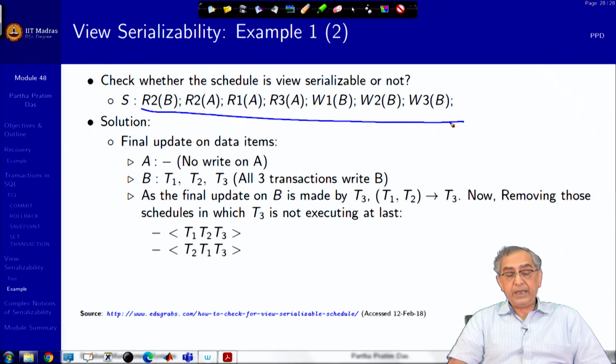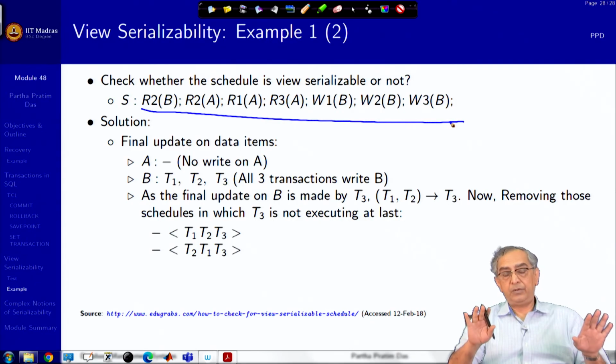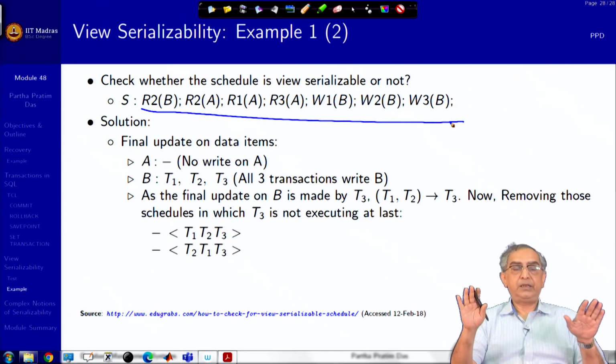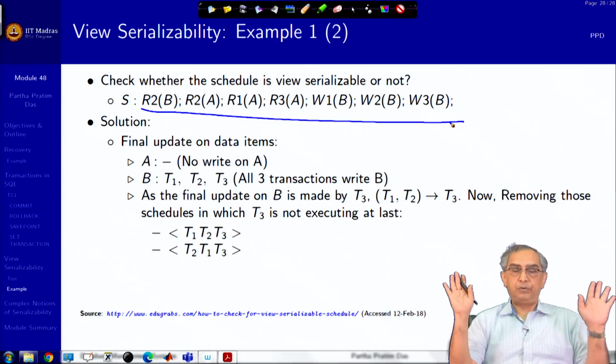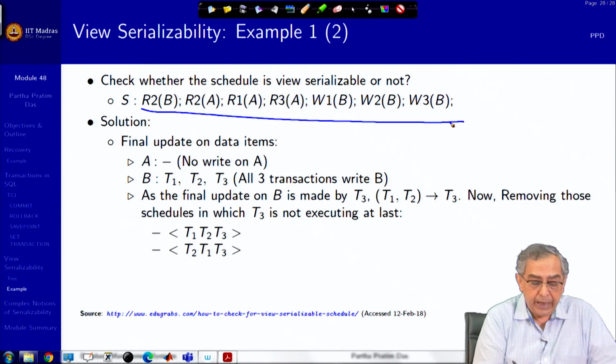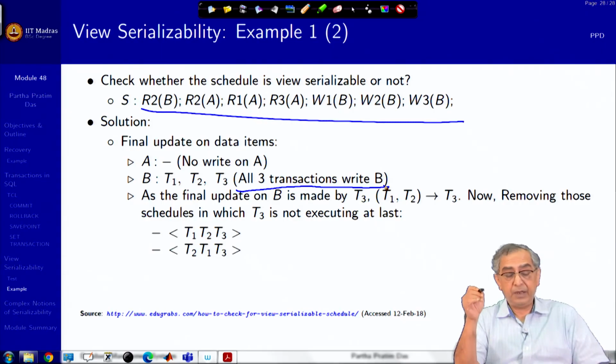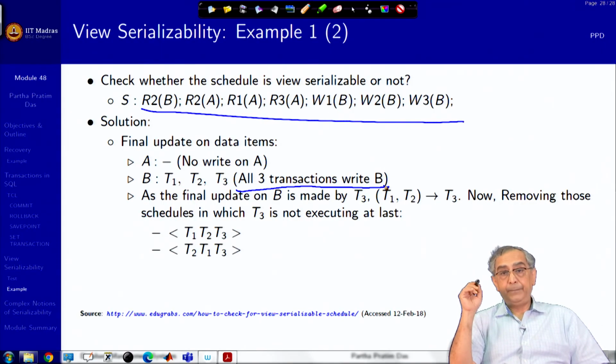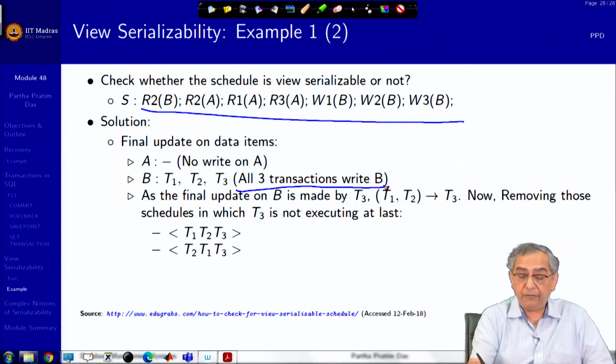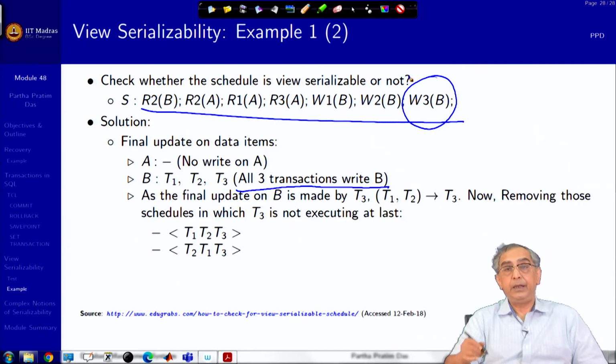Now, we can see that nobody has written A. So, the final update condition on A is vacuously true, there is no write. In terms of B, all three transactions have written B, but the final one is by transaction 3, W3B.